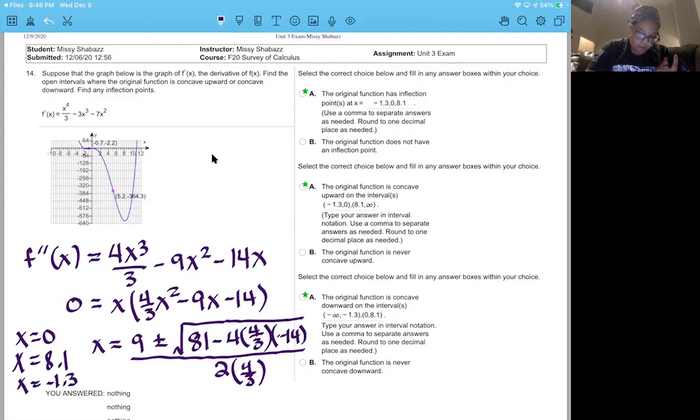Now we're going to put those on a number line. So I have a negative 1.3, I have a 0, and I have an 8.1.